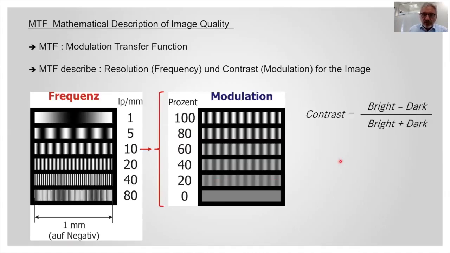The contrast is defined by bright area minus dark area divided by bright plus dark area. So for example, if white is 225 and dark is not really dark, it has a value of 25, you have 80% contrast.